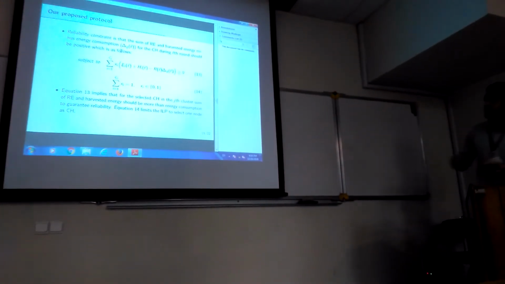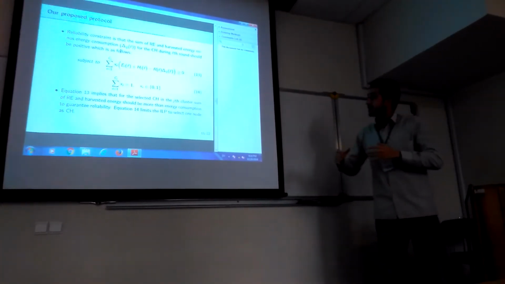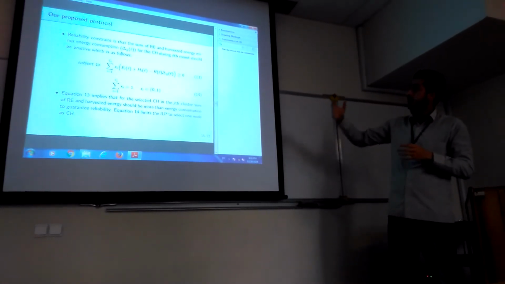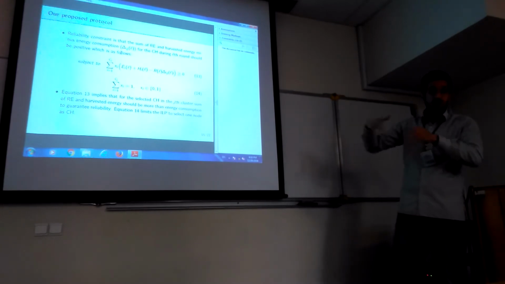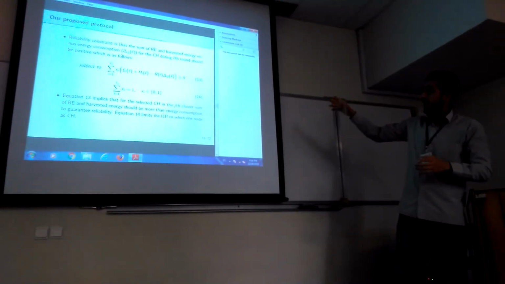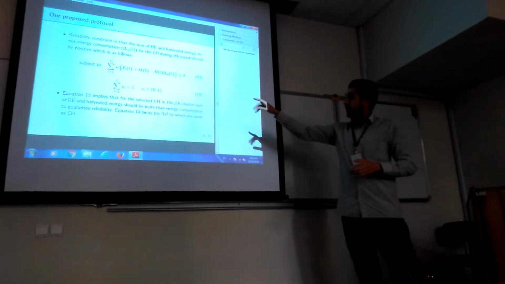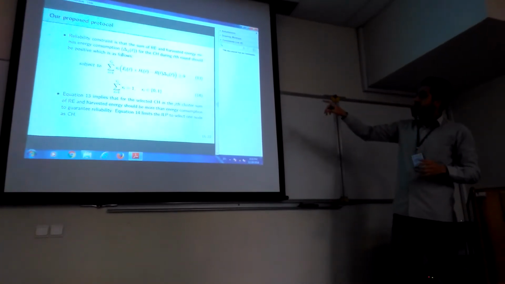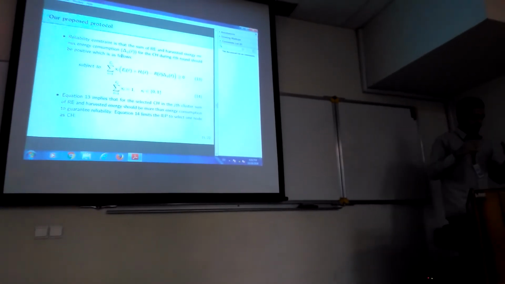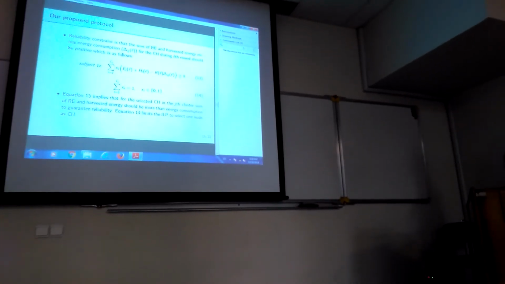Our reliability constraint is that the sum of residual energy and the expected harvested energy, minus the energy consumption for a selected cluster, should be positive. And equation 14 says that we should select just one cluster.